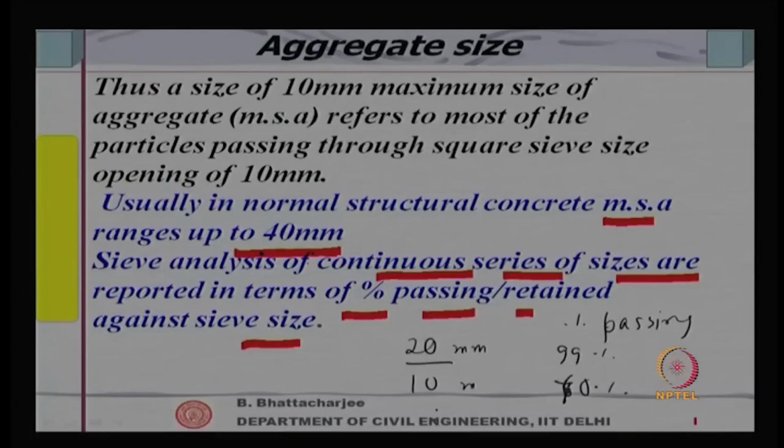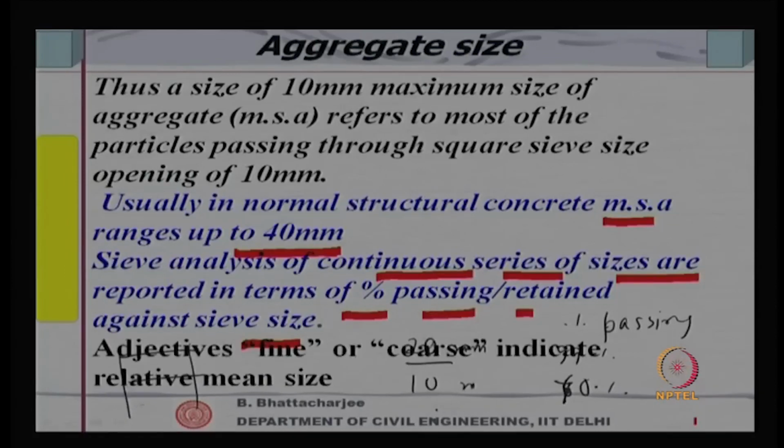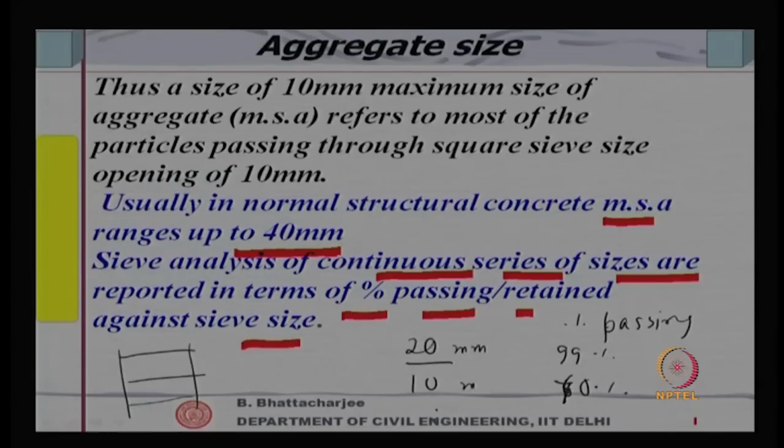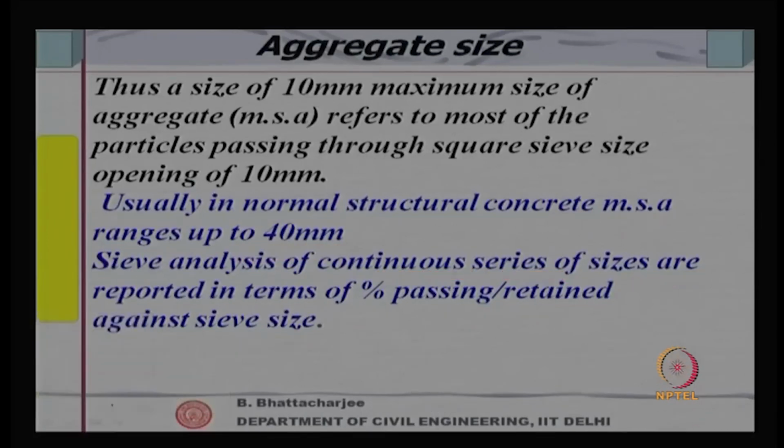So, this is how we express. So, we do sieve analysis, sieves are placed one over another, a series of them, put the material up and then shake it, so that the particles finer than the sieve size will pass downward to the next sieve, and some amount will be retained here. So, I can then measure the masses retained from a known mass. So, percentage retained or passing, etcetera, I can find out, and sieve analysis results are expressed in this form.